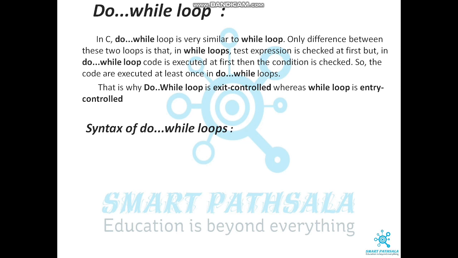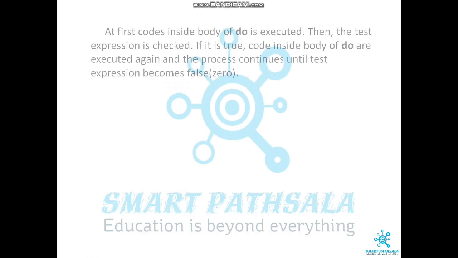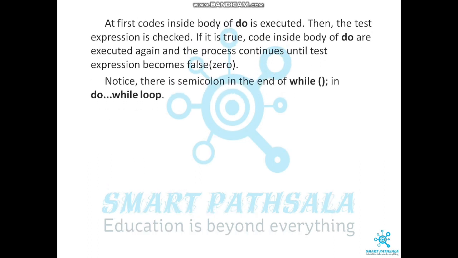Now let us see the syntax for the do while loop. It is almost similar. First there is the do and then the code body, and after that the while and the test expression. We have to remember one thing: after the end of the while there will be a semicolon in the do while loop.